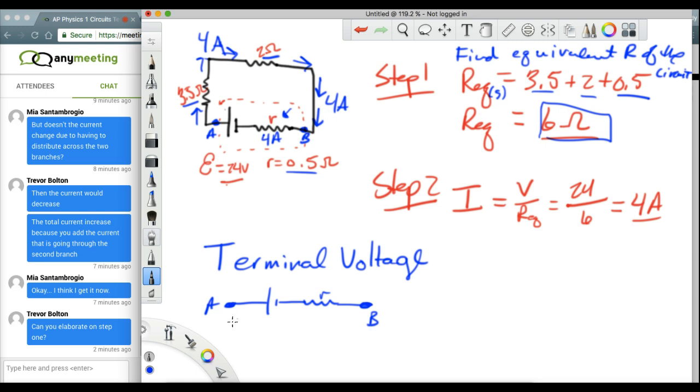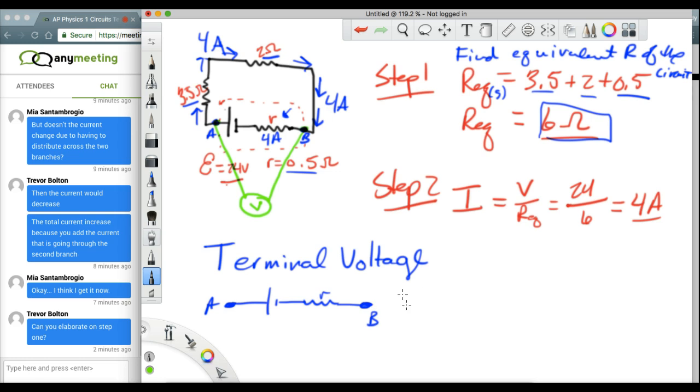So the terminal voltage is if I took a voltmeter across section A and B. So here is where I'm going to put my leads. And there's my voltmeter there. What is the electrical potential difference from this side to this side?